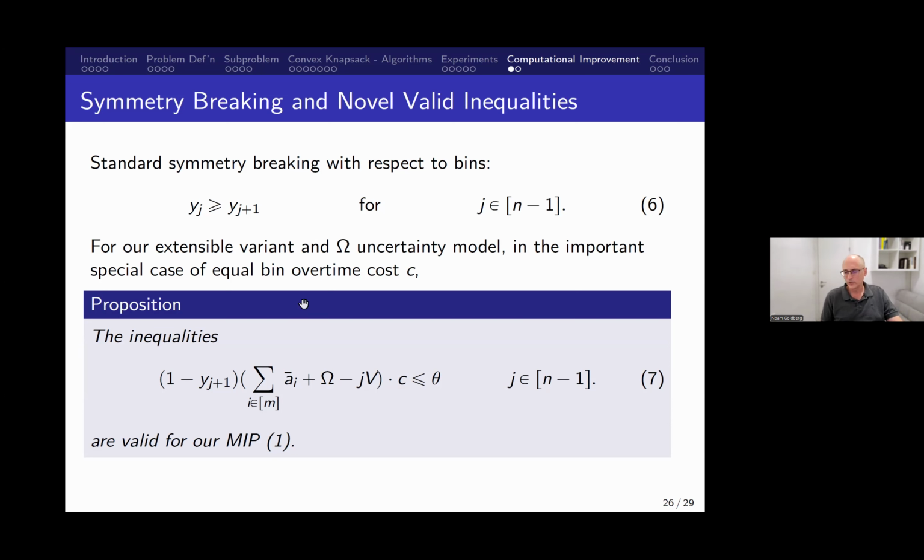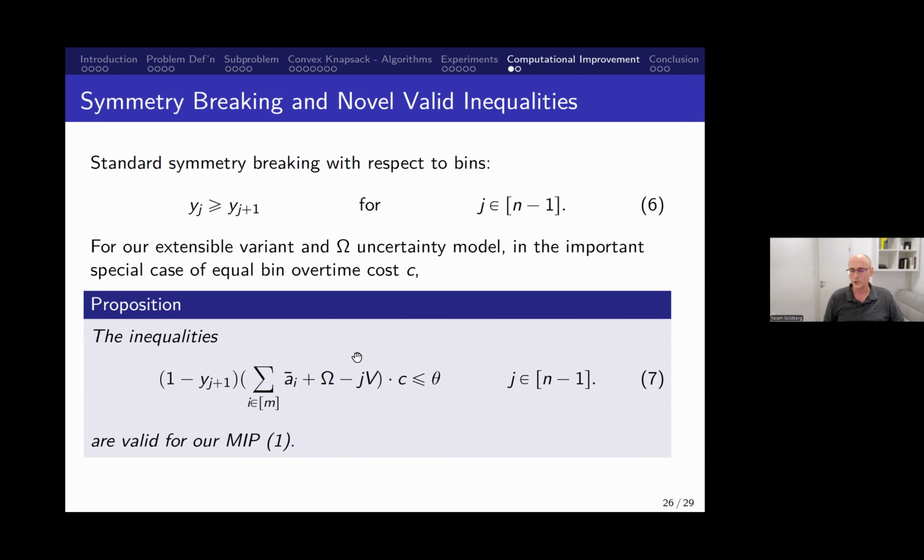And having these symmetry breaking inequalities, we can also propose a new inequality that relates to the overtime cost and the uncertainty aspect of the problem. We can say that the overtime cost has to be at least, if a bin J plus 1 is not used, meaning we use at most J bins, then the overtime has to be at least the sum of the nominal times plus omega, the total deviations, minus the J bins.